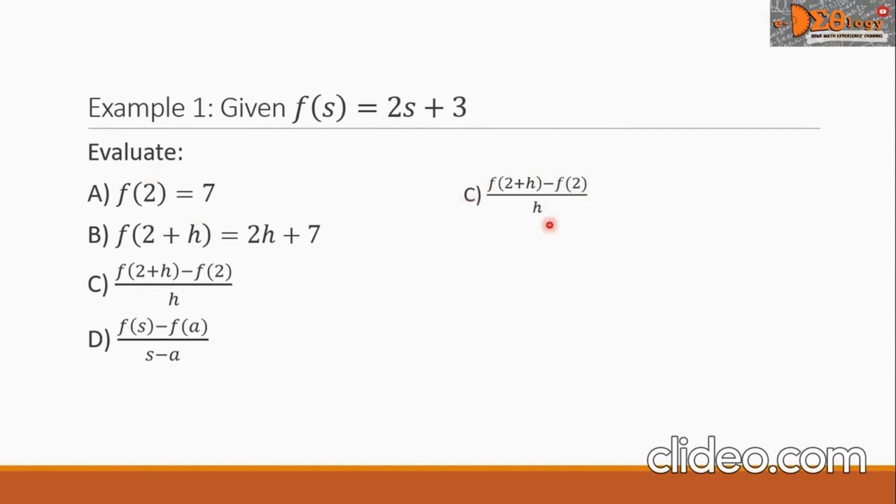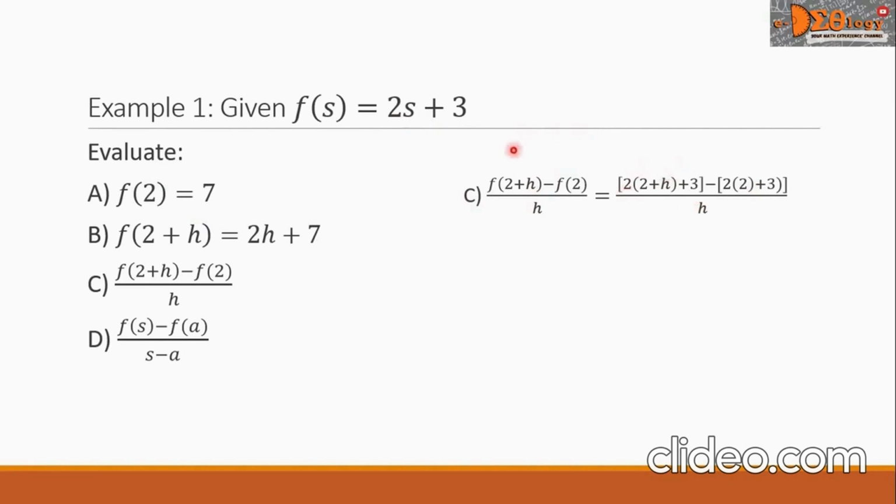So just to show, we will do it like this. For the f of 2 plus h, we will consider again that same function. We will copy here, but instead of the s, I will put the 2 plus h. So we have here 2 times the quantity 2 plus h, then plus 3.